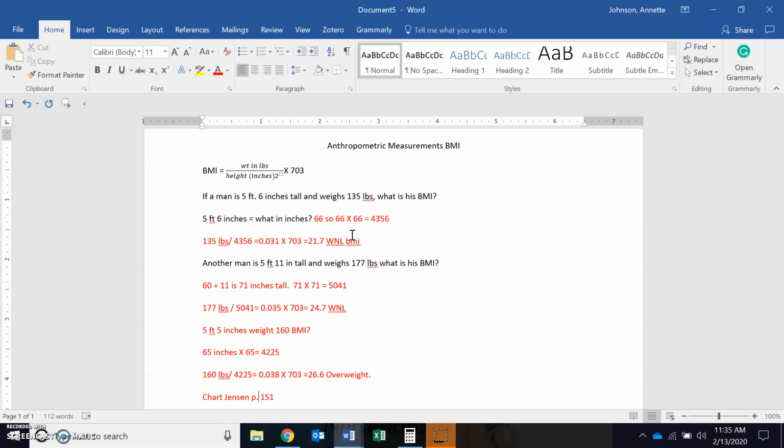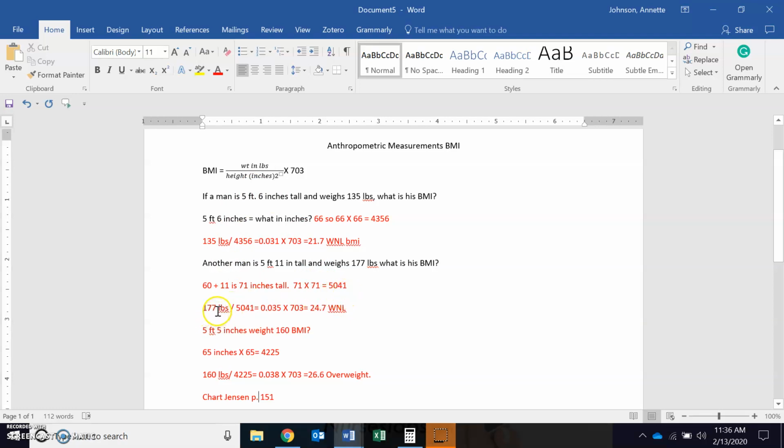Okay, so let's do another one. Here's another man that's 5 foot 11 inches tall and weighs 177 pounds. What is his BMI? We have 60 because 5 foot is 60 inches, and then you add another 11 inches, so that makes him 71 inches tall. So we're going to do height in inches squared. 71 times 71 is 5,041.